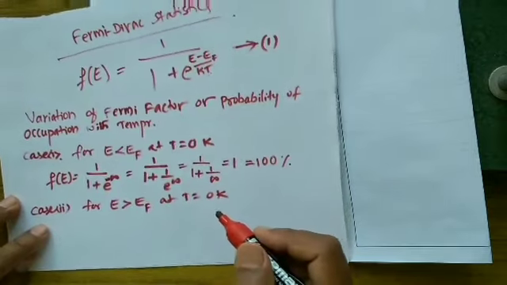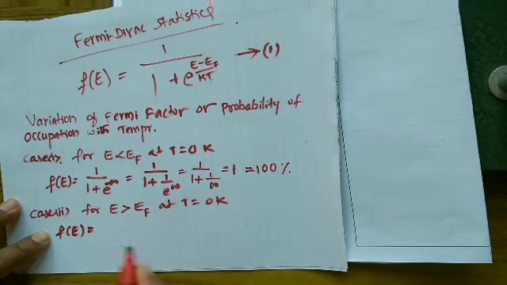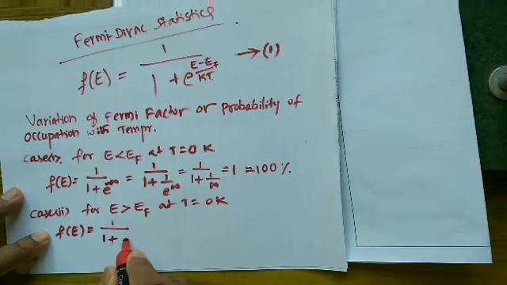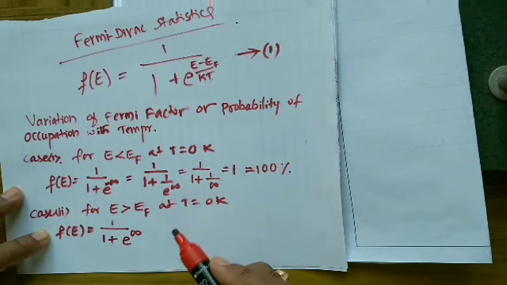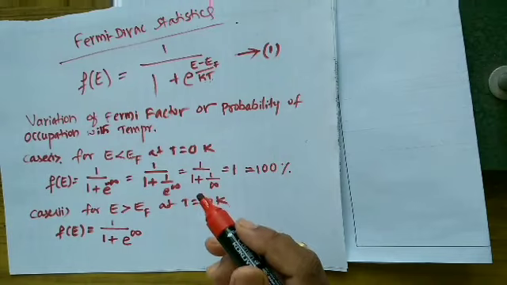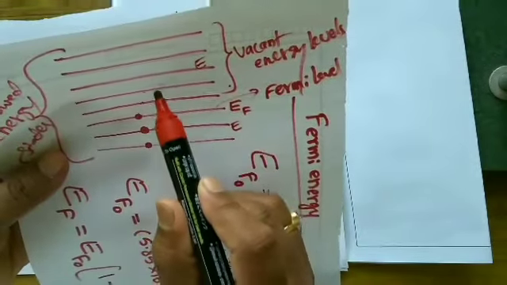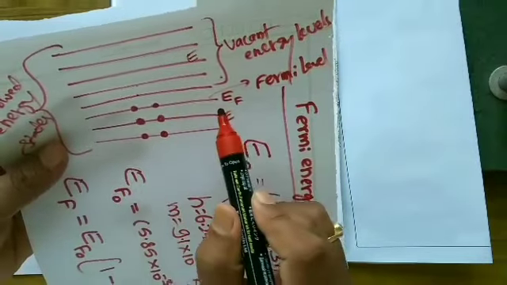At this temperature, what is the equation? f of E is equal to 1 divided by 1 plus, in this equation, e power infinity. It is plus infinity because E is greater than EF. Now we are considering the energy levels which are lying above the Fermi level.